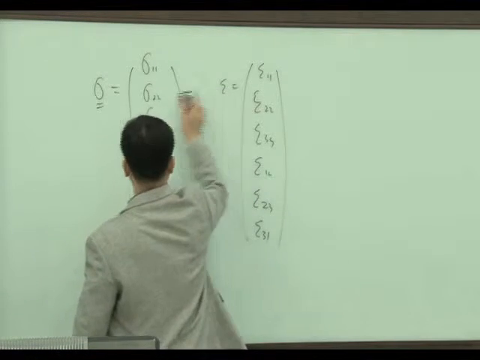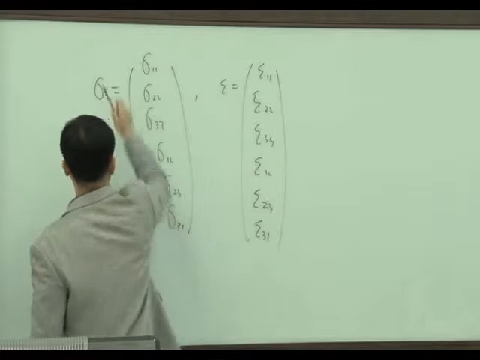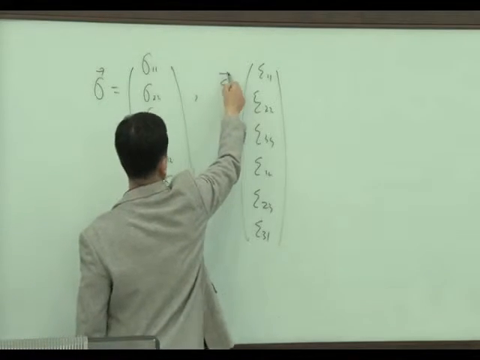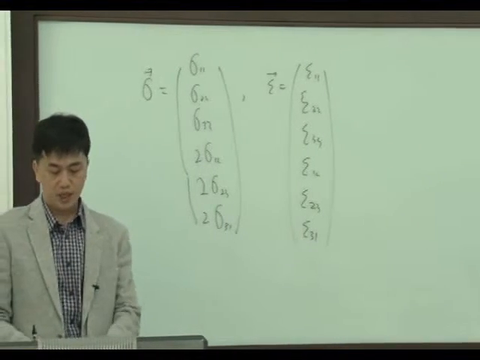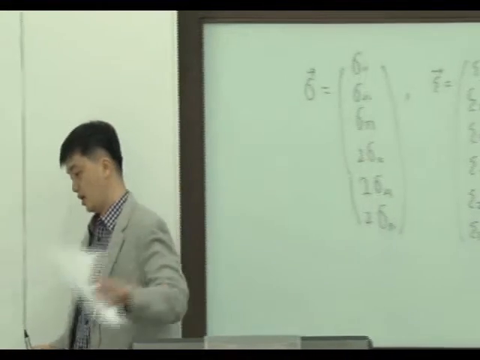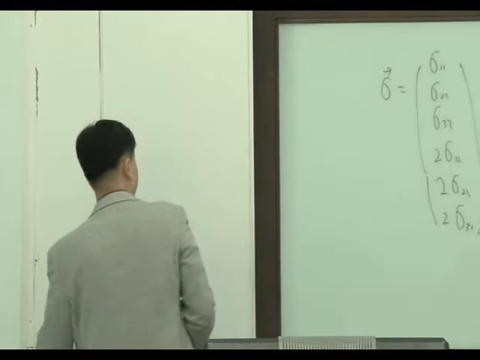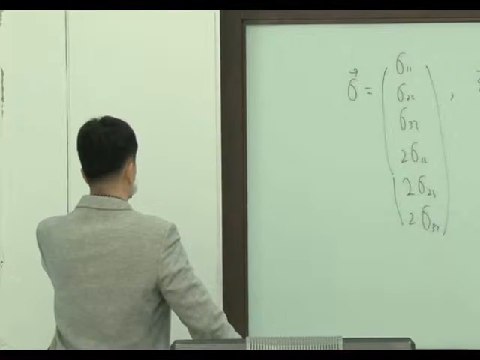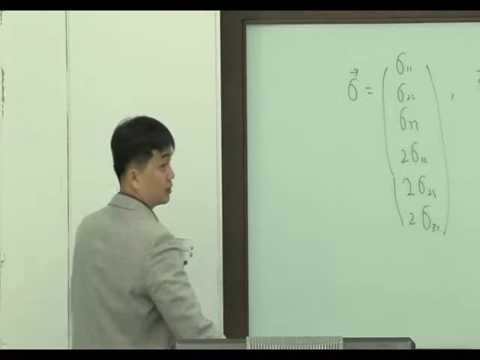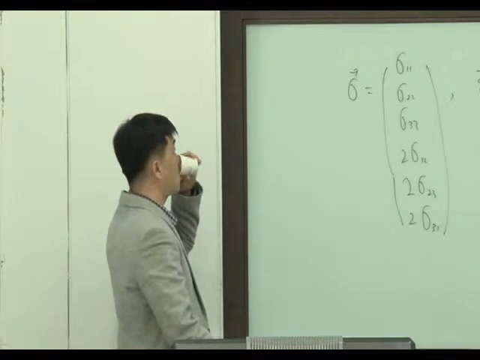Actually, stress and strain were matrices, but we can define stress and strain as vectors, right? Why not?